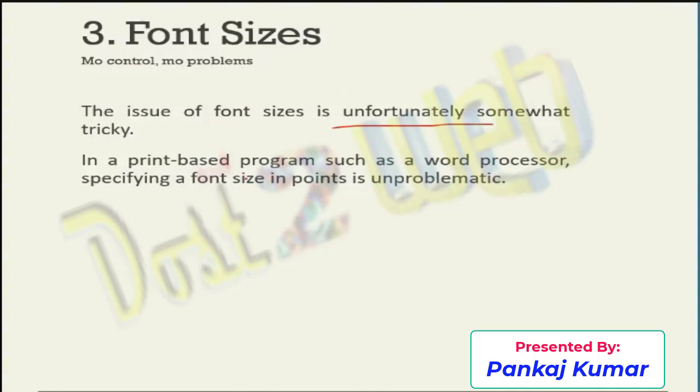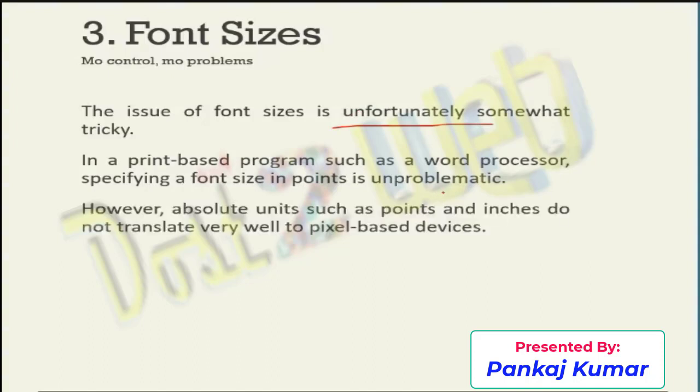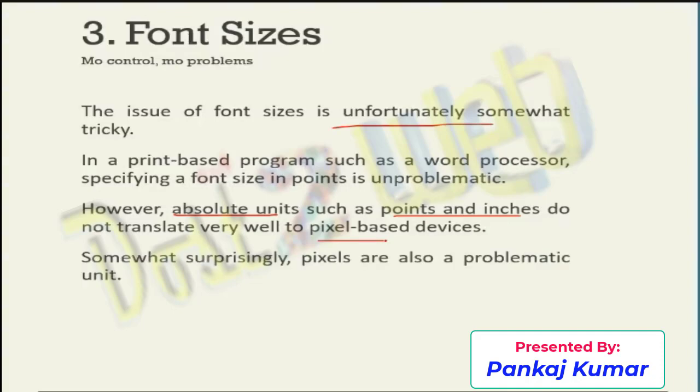When printing any word processor document, specifying a font size is unproblematic. Okay. And when you define absolute units, we have seen already, such as points and inches, they do not translate very well to pixel based devices. So when you define in units like points and inches, obviously it will not get changed into pixels.